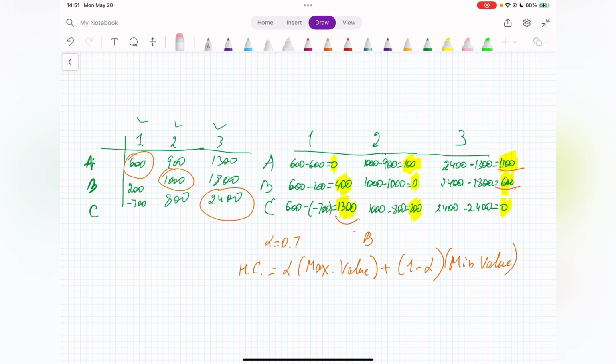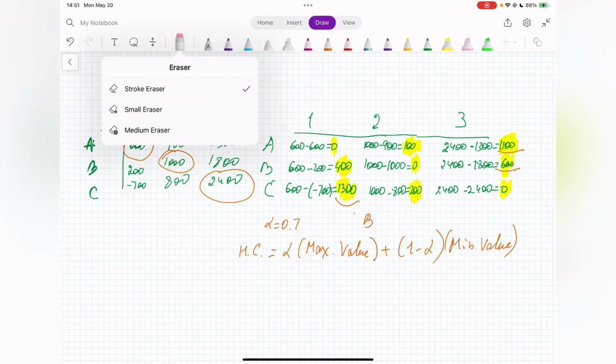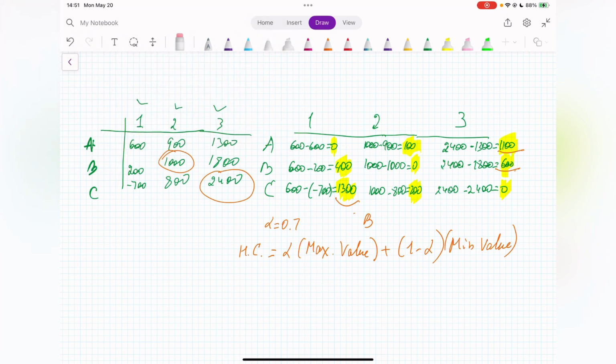What was our worst payoff? My worst payoff for alternative A was 600, alternative B 200, alternative C negative 700, correct?